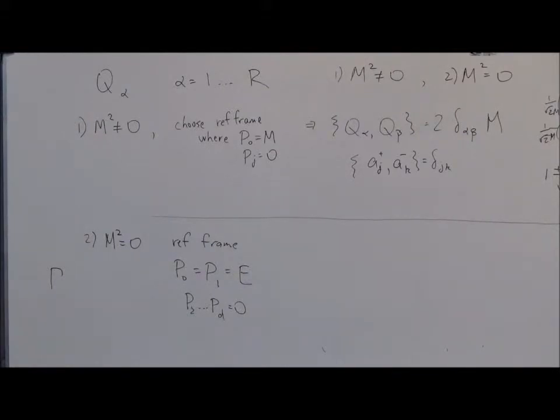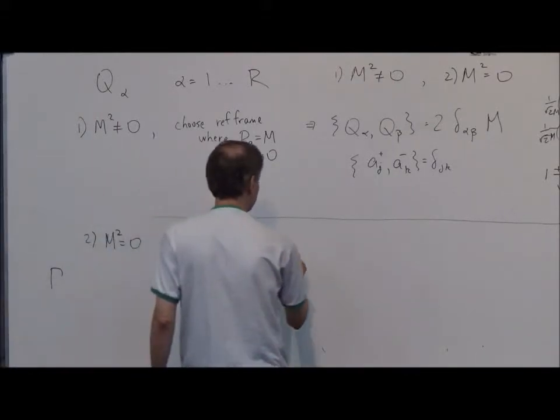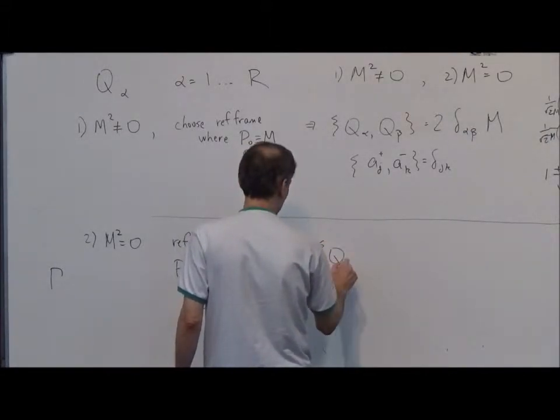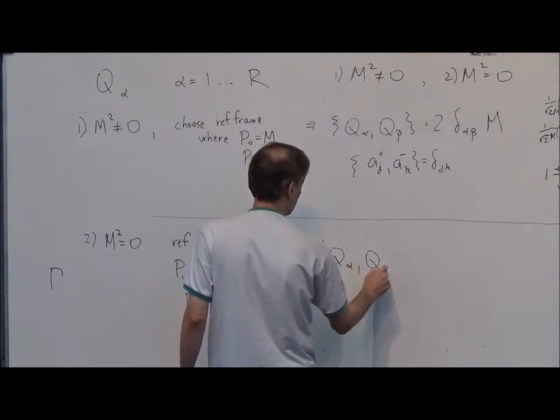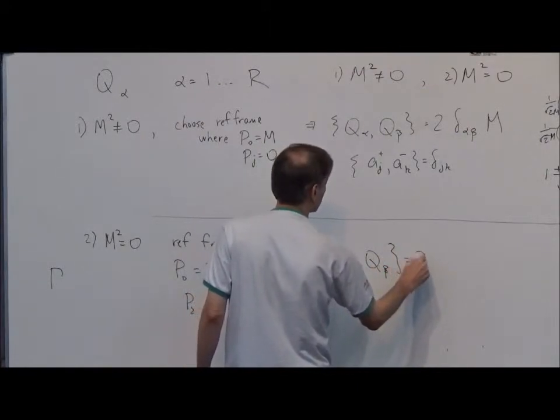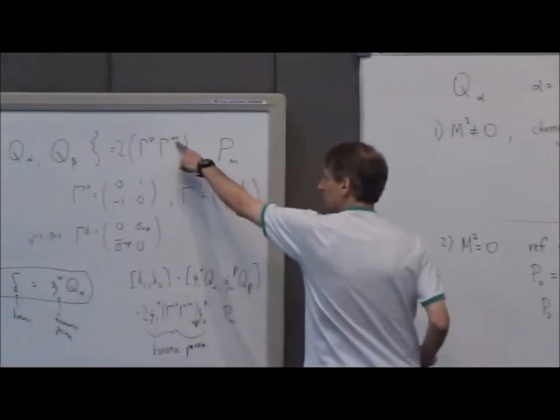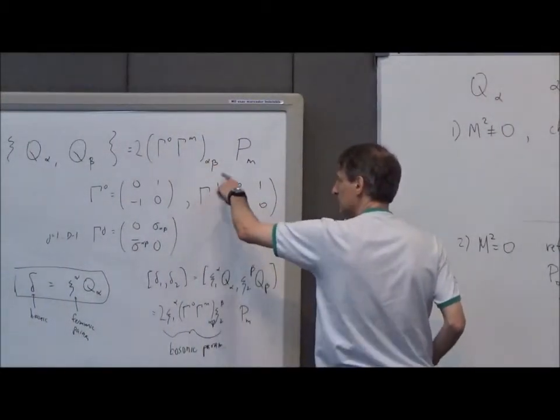These anti-commute. This squares to 1 and this squares to minus 1. So in this case, the algebra is {Q alpha, Q beta} is equal to 2 times, so again, when this is 0, you get the identity.